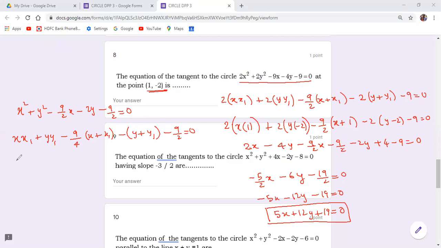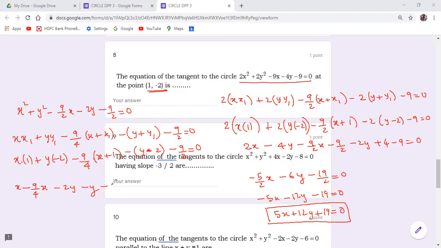Now if you put the point x comma 1, y comma minus 2 minus 9 by 4 into x plus 1 minus y minus 2 minus 9 by 2 equal to 0, your answer became x minus 9 by 4y and by 4x, minus 2y minus y.